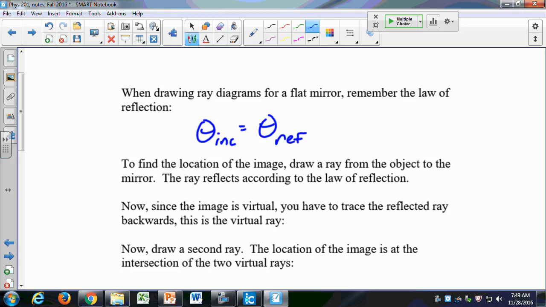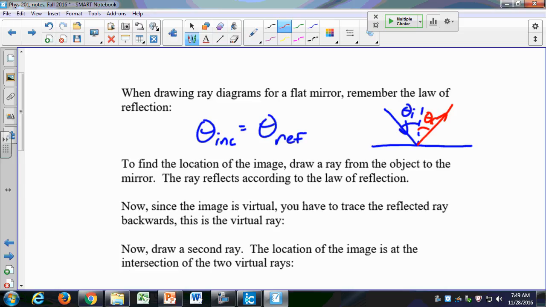This is true for particles too. Like if I have an object and I throw it, it bounces such that the incident angle, that's this angle, theta I, is equal to the reflected angle, just theta r. That's true for light. It's also true for particles bouncing, like for example a pool ball bouncing off of the bumper of a table.